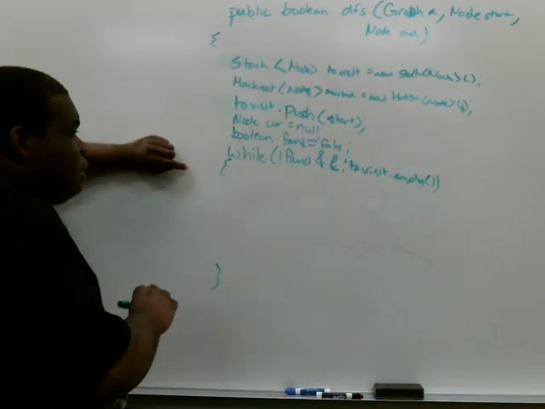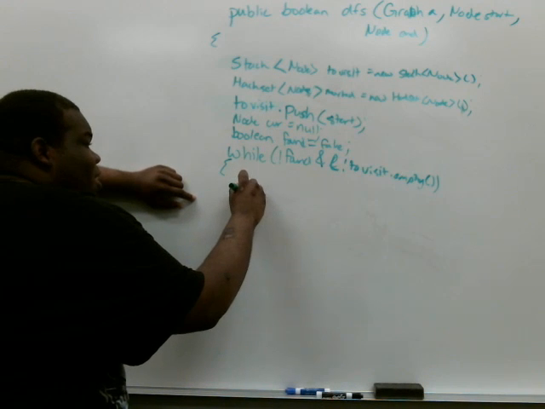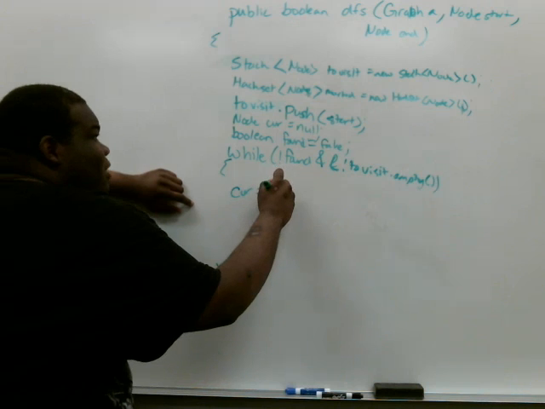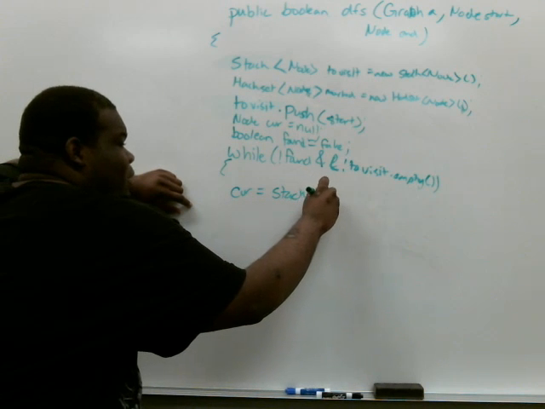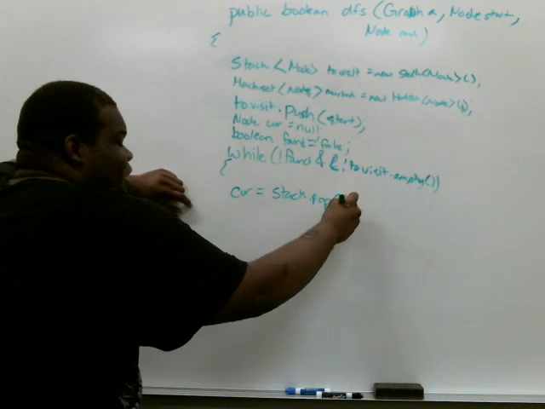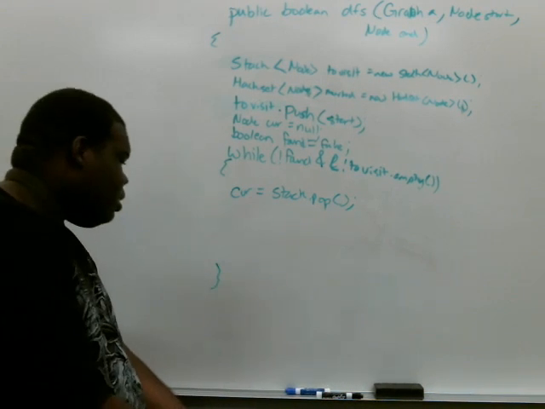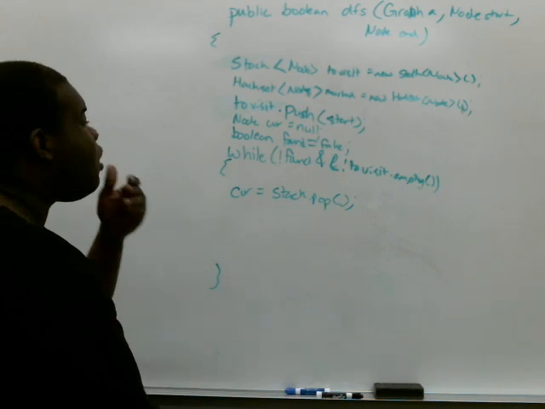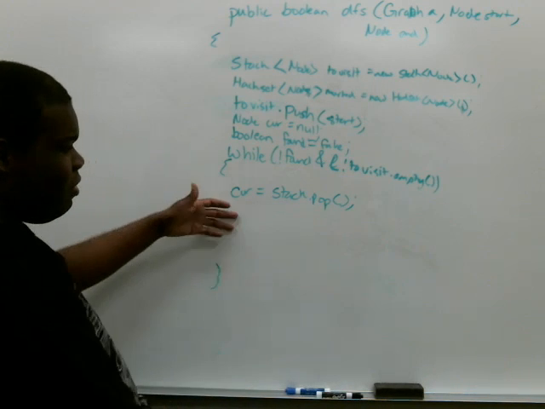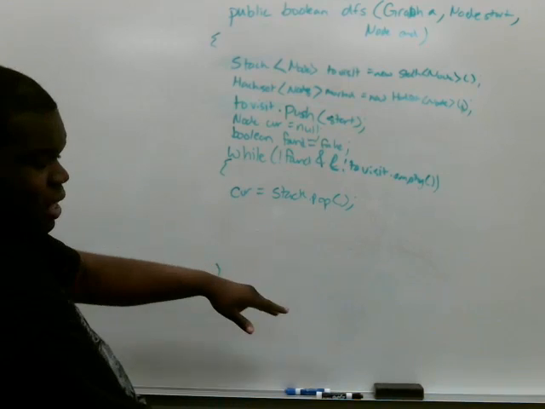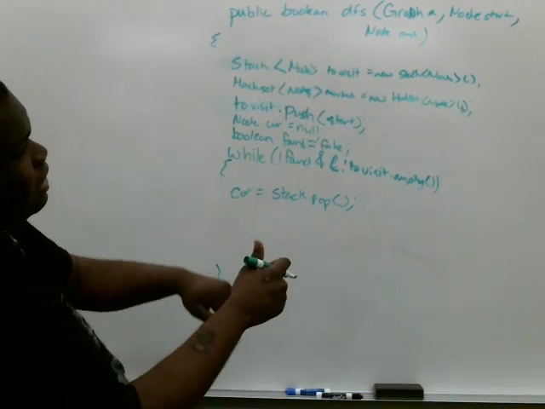Okay, so what we do here is we say cur is equal to stack pop. So we pop it from the stack. So this will give us a node. Okay, so now we check if cur is equal to our destination.